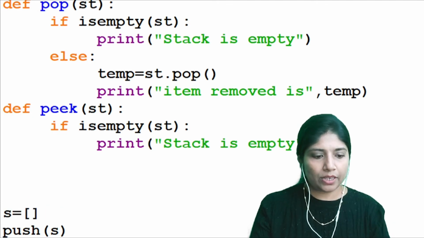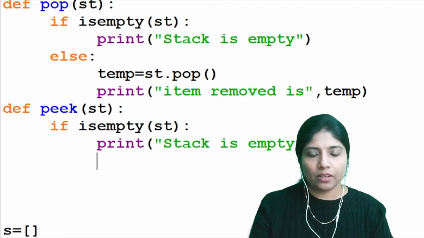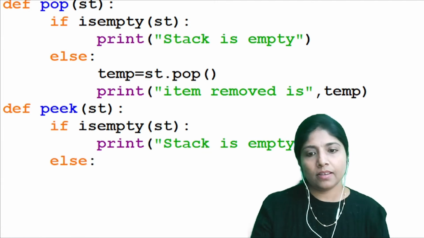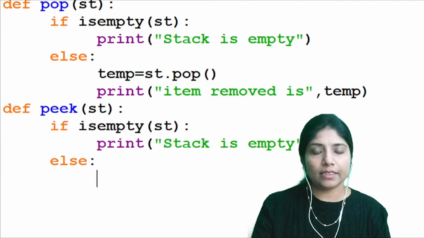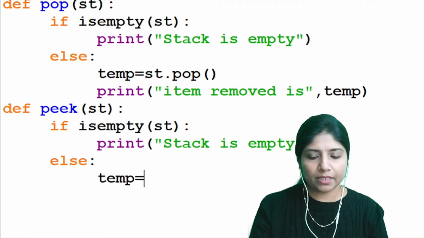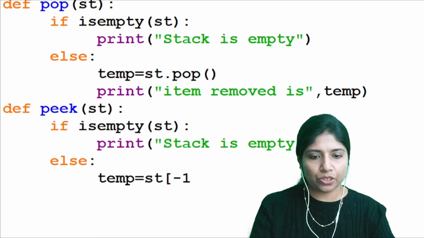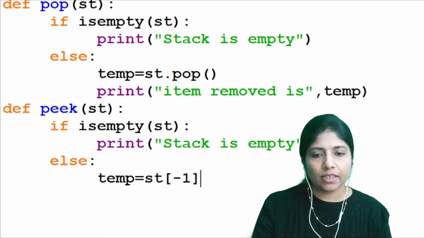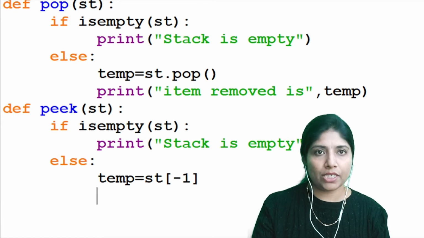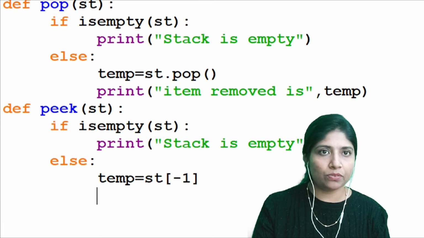You can also write stack underflow. Else, we can write code to return the last element. The last element of a stack will be stored in the -1 position, so I am using that. The -1 index position of st will contain the last element entered in the stack.